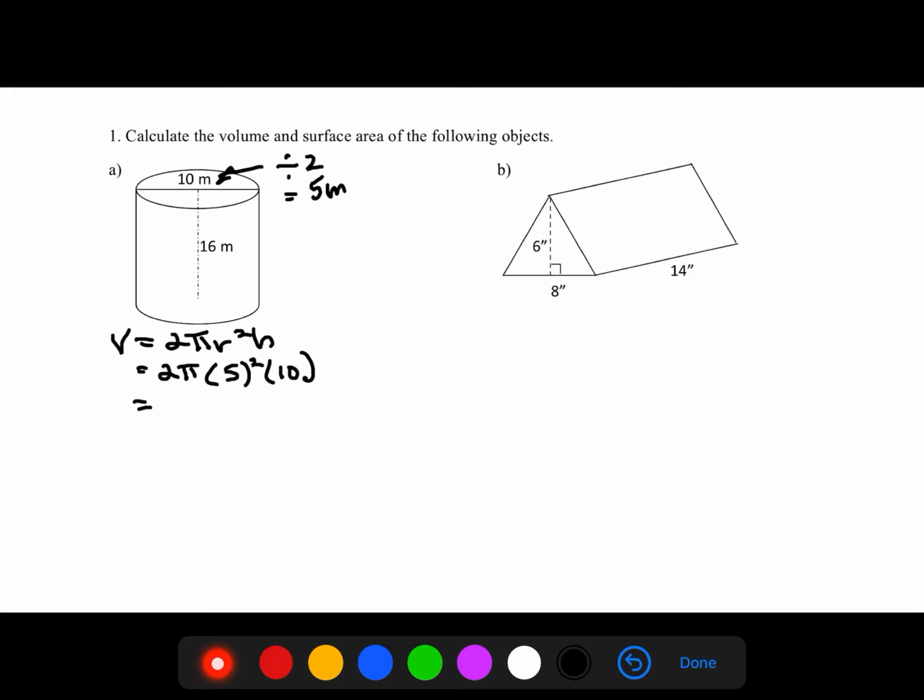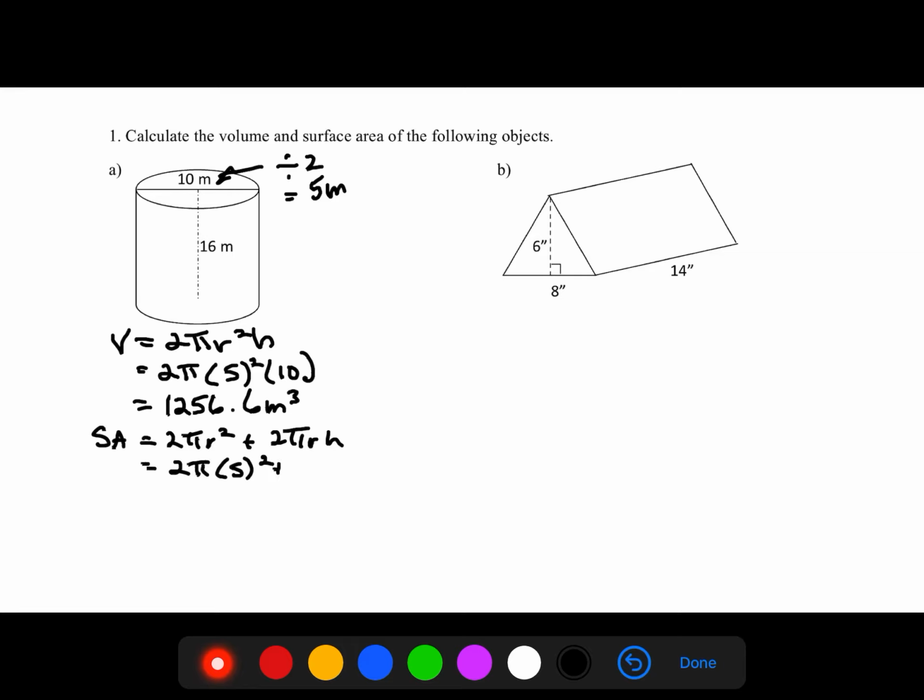So we're going to put in here our 5 first, and 5 squared, because we're multiplying by everything else, we're just going to take 5 squared times 10 times pi, and when we do that, we get 1,256.6 cubic meters.